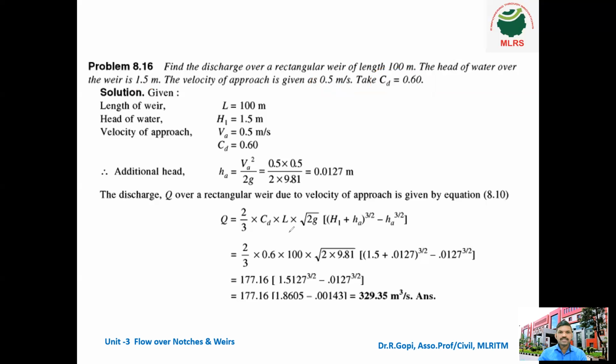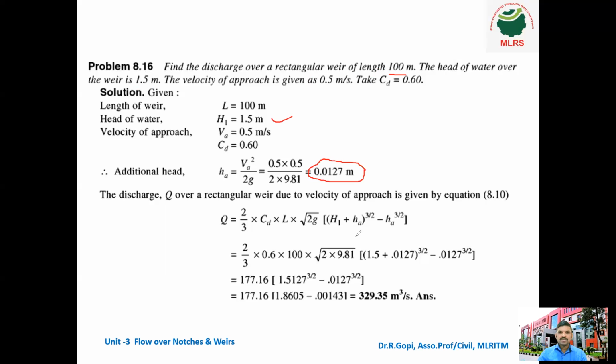So CD 0.6 and the length. Here they gave length 100 meter, and root 2G into (H1, which is 1.5 meter, plus HA). HA we calculated here as 0.0127 meter, minus HA power 3 by 2.